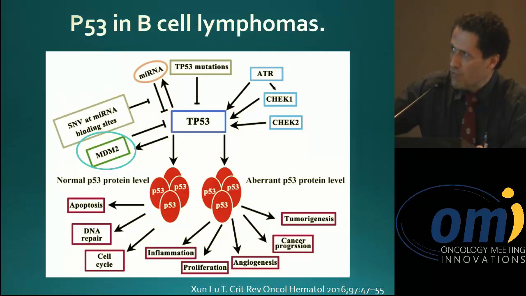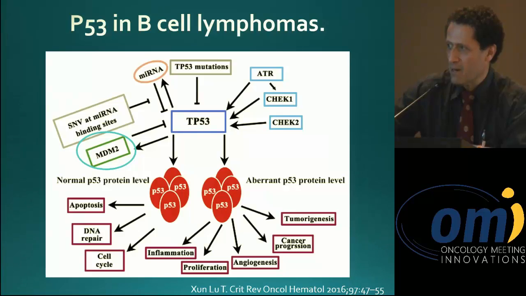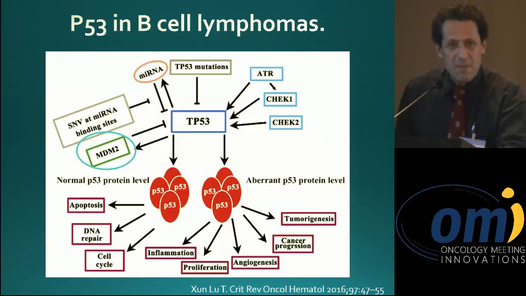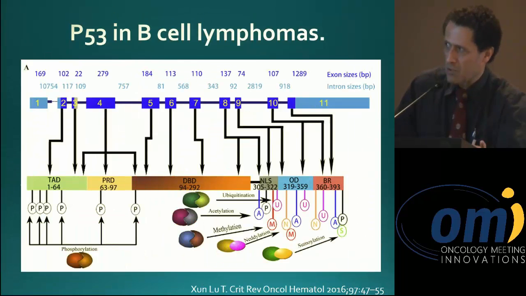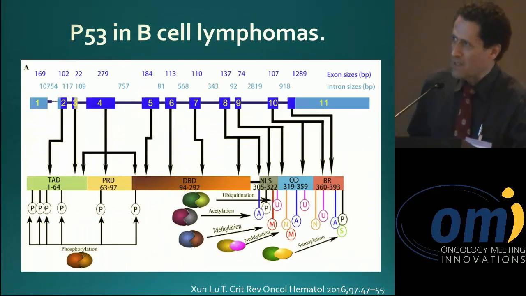In order to function, p53 has to block MDM2, inducing apoptosis, DNA repair, governing the cell cycle, etc. But in the case of mutations, for example 17p deletion in some cancers, MDM2 is blocking TP53, and this results in inflammation, proliferation, angiogenesis, cancer progression, tumorigenesis, and also metastasis.